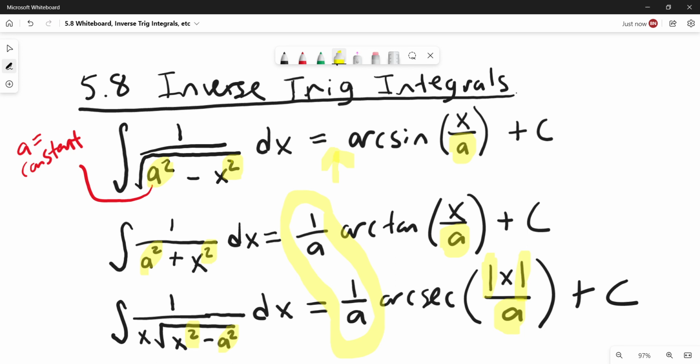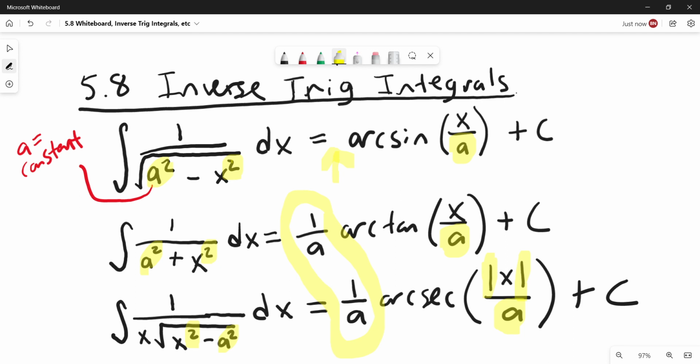This is really important. If instead of seeing an x squared there, you see something like 4x squared with no parentheses written there, what that really means is 2x squared in parentheses.